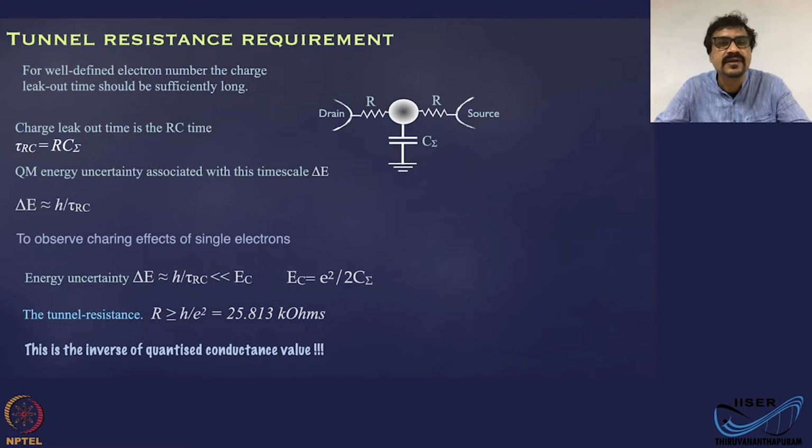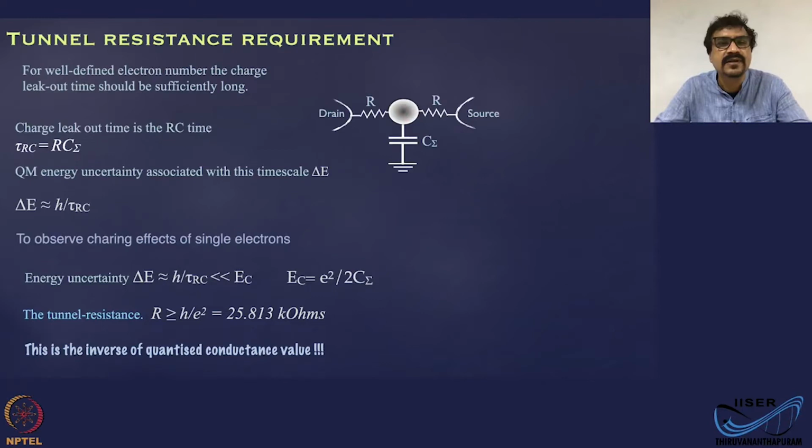But now let us look at it electrically, because these are electrical circuits, but you are observing quantum mechanical effects. So electrically, what does this time uncertainty mean? You have a quantum dot with a certain capacitance C sigma.